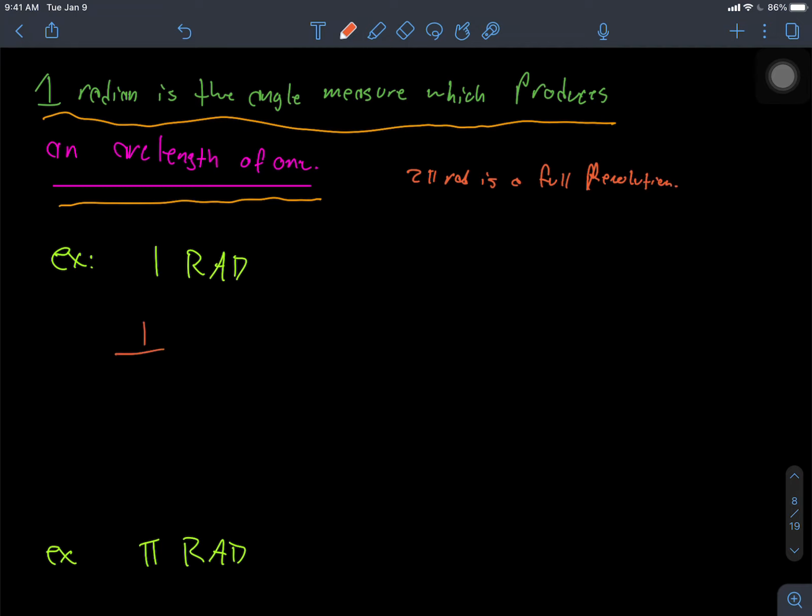So if I do 1 radian over 2 pi radians, then I know that this is 1 over 6.28 dot dot dot, which is approximately 1/6 of a full revolution.